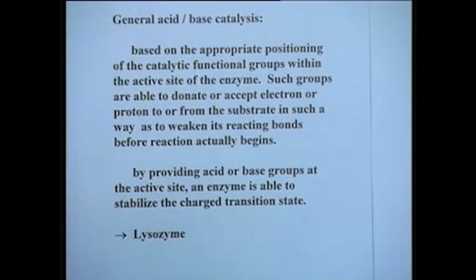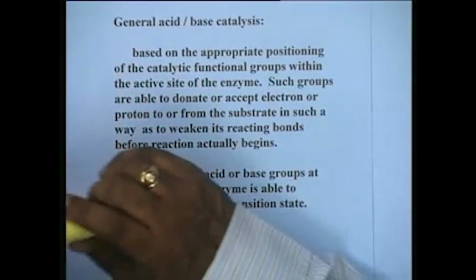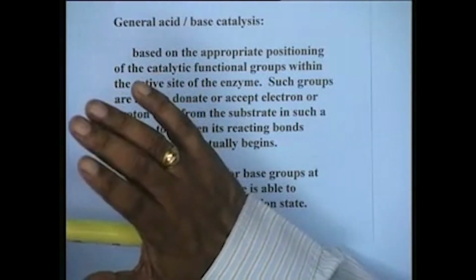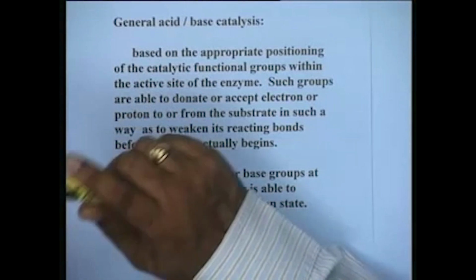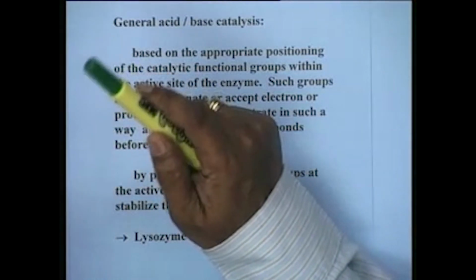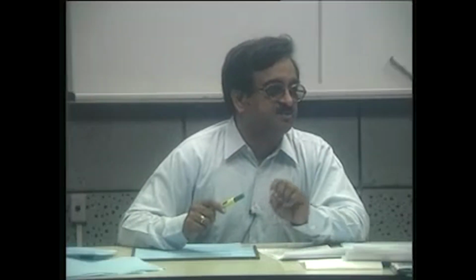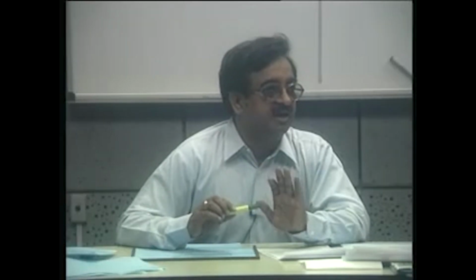As you know, many of the reactions can be catalyzed by simply acids or alkalis, and the basic mechanism is that by certain transfer of electrons or protons to the reactants, the catalyst can reduce the energy of activation. The basic principle of acid base catalysis is more or less identical, only the role of acid or alkali in the chemical catalysis is played by the functional groups on the active sites.